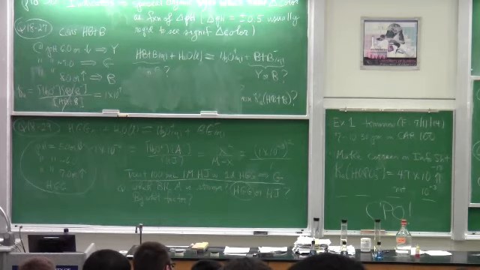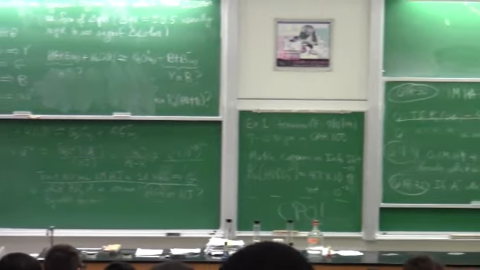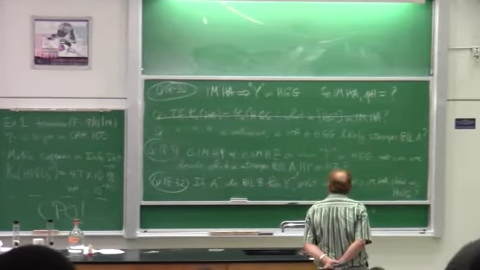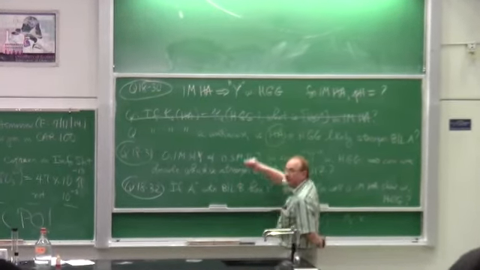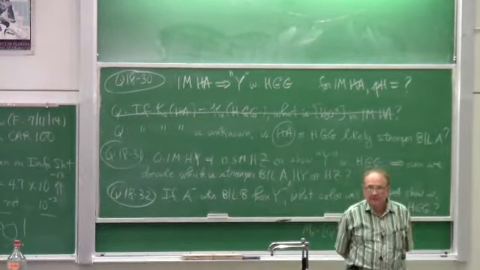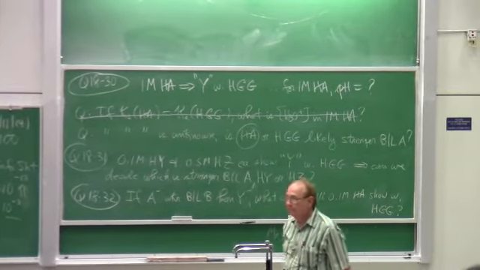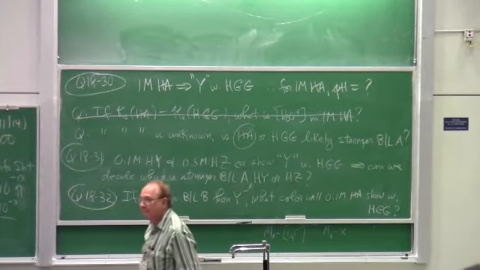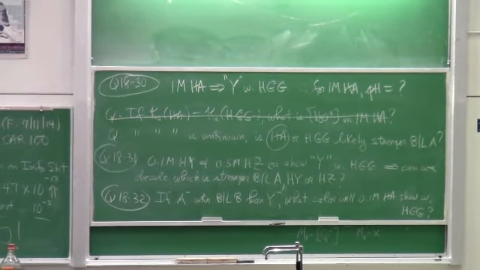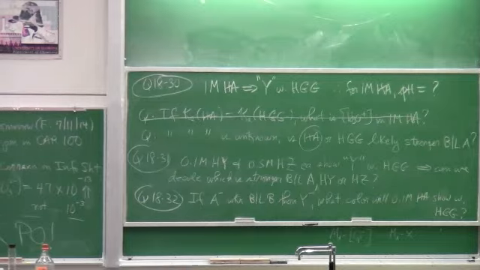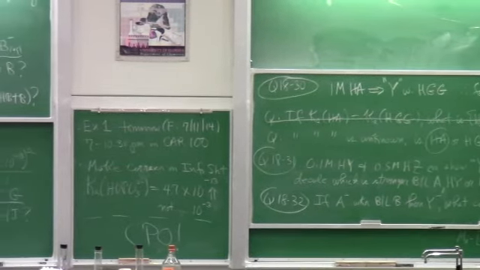So I repeat the question: which acid is likely stronger, HA or HGG? Well, I'll tell you the answer. Now you tell me why that's the answer. There's a much larger range of acidic pHs. To be stronger, it has to be between 0 and 6, which is much more likely than between 6 and 0 and 6.